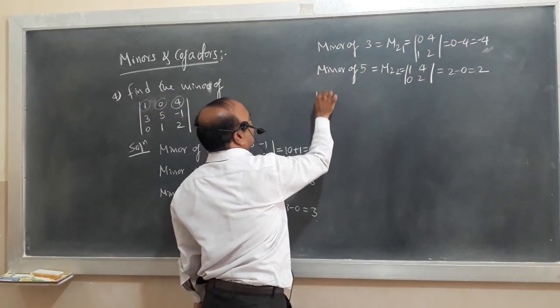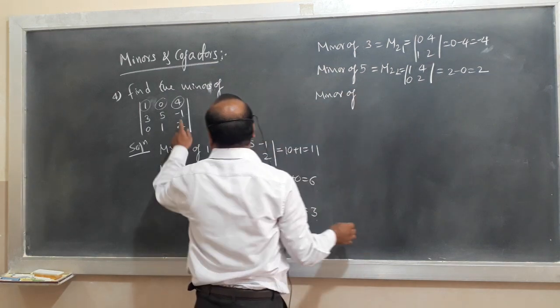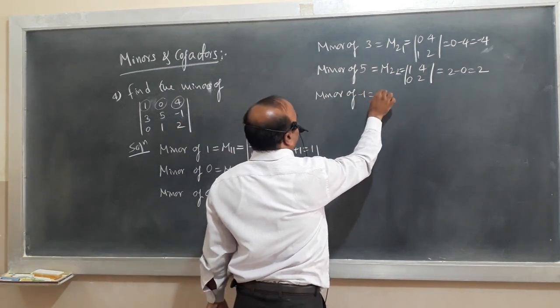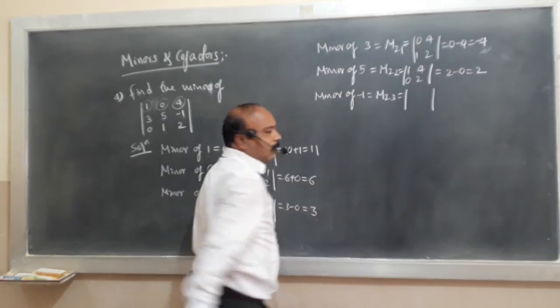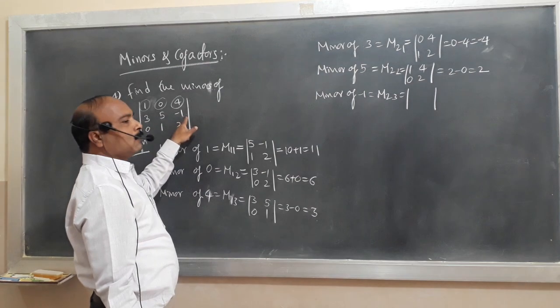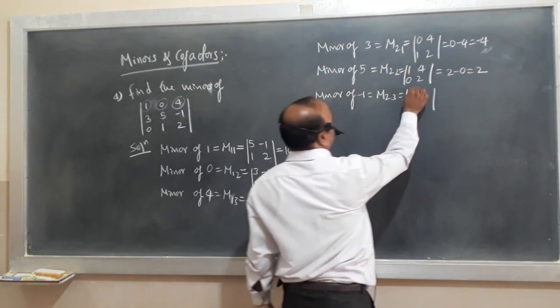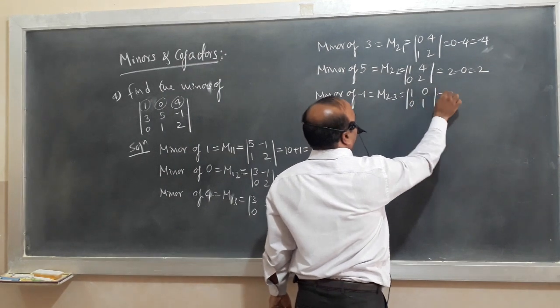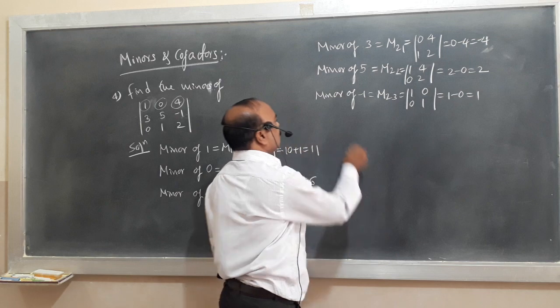Next, minor of element minus 1, it is M23. Determinant, deleting this column and this row, we get 1, 0, 0, 1. So this is equal to 1 minus 0 equal to 1.